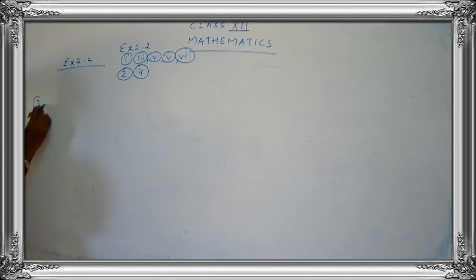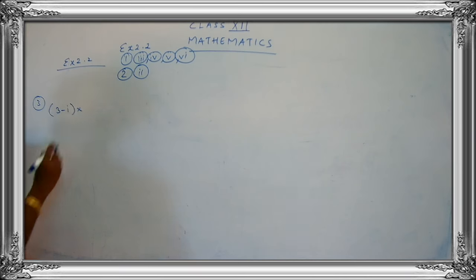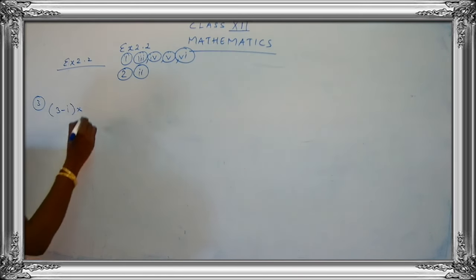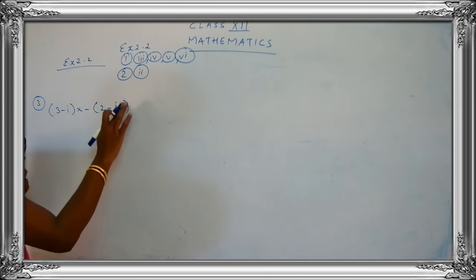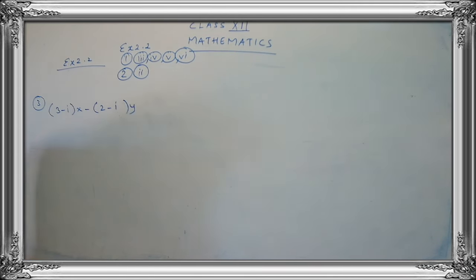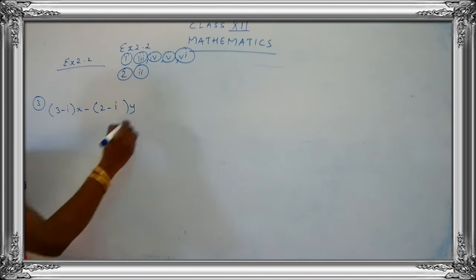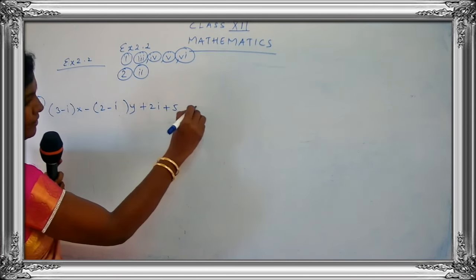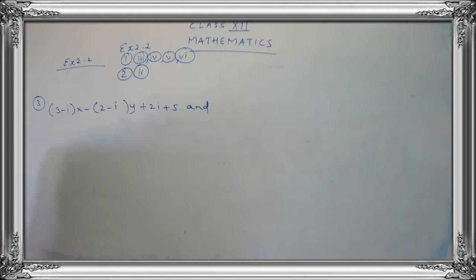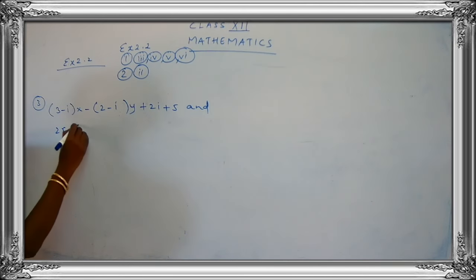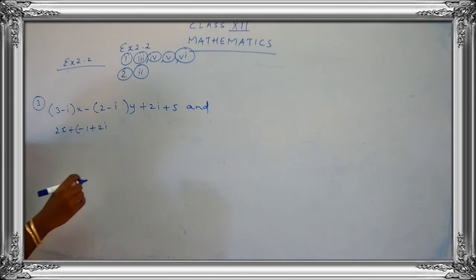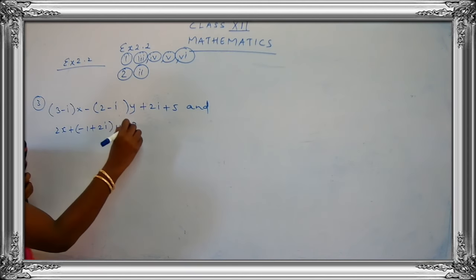Question number 3, copy the question properly. We have (3 minus i)x minus (2 minus iy), (2 minus i) the whole y plus 2i plus 5, and they have given you one more complex number, 2x plus minus 1 plus 2i the whole y plus 3 plus 2i.